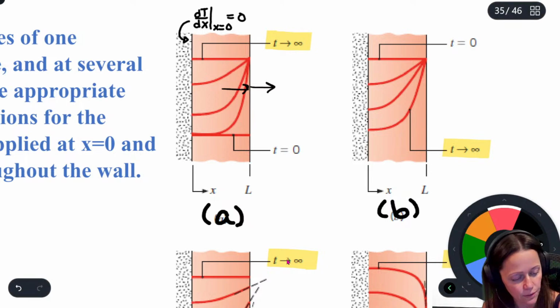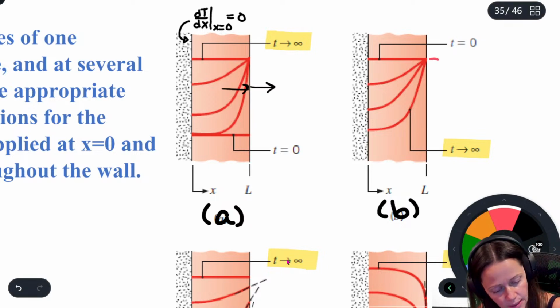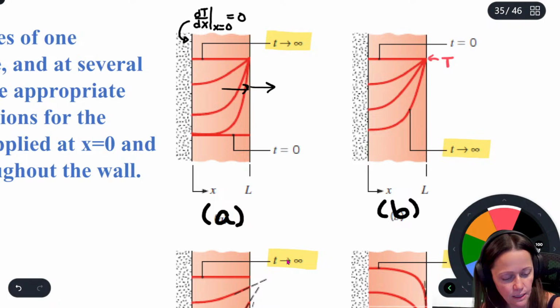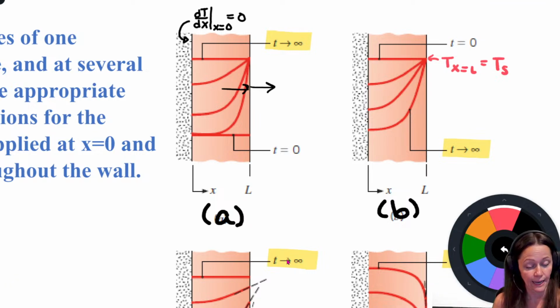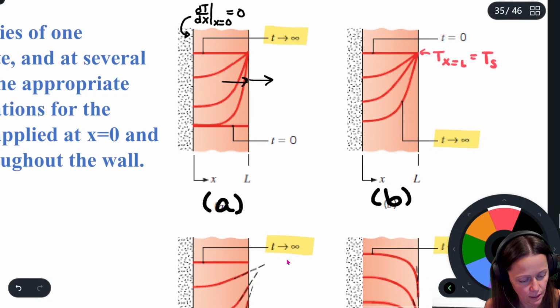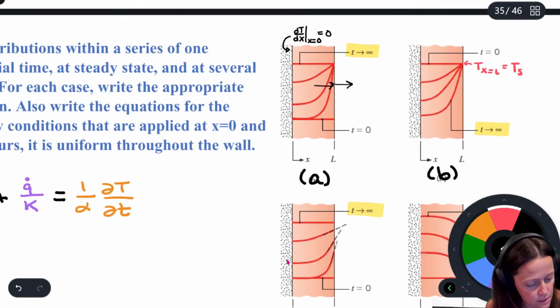So I'm going to say this temperature, T at x equals L, is just some surface temperature. That's it. Some constant temperature, whatever that may be. And it looks like, let's see.